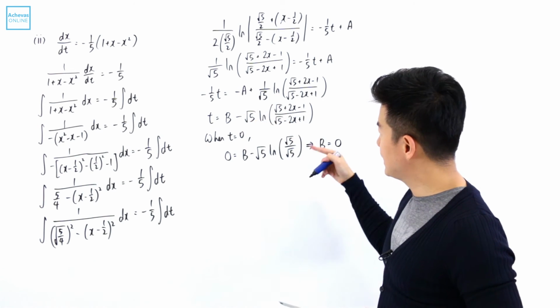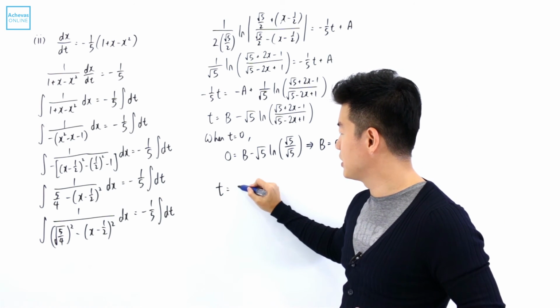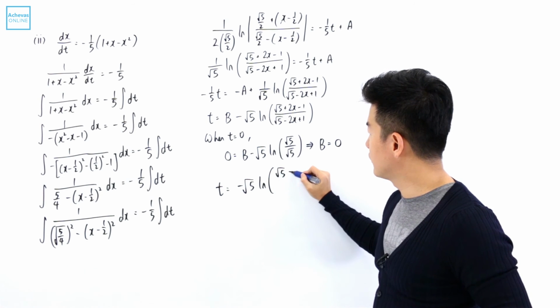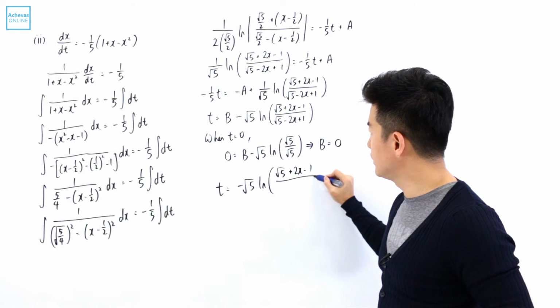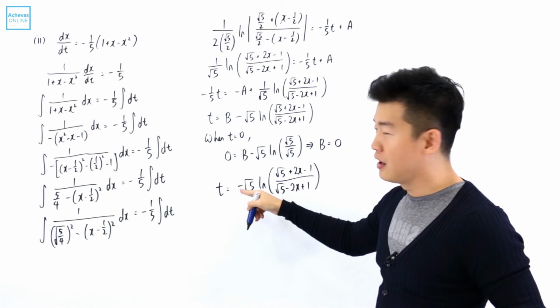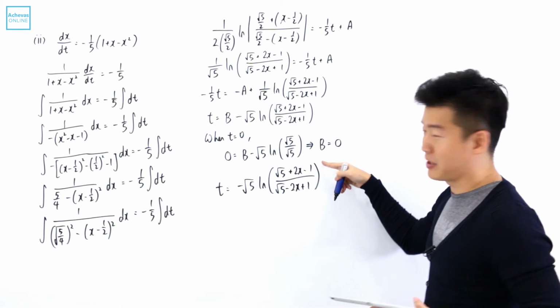Replacing b by 0, that means t is going to be minus square root of 5 ln of (square root of 5 plus 2x minus 1) divided by (square root of 5 minus 2x plus 1). Let's move this negative up as the power.